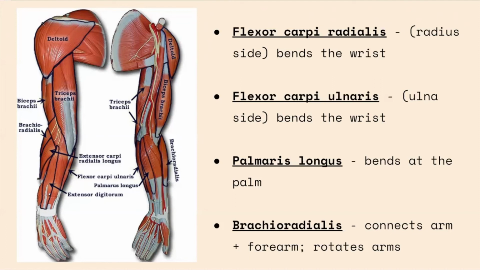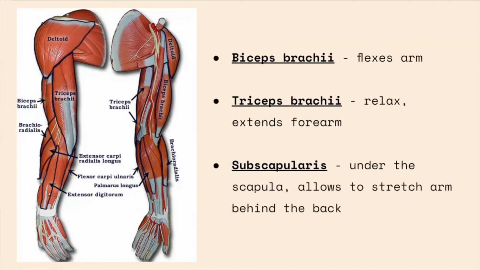But yes, I'm going to move on to the next slide now. We have the biceps brachii, which flexes our arm. So it contracts our biceps. What happens when our biceps contract? Does anyone remember? Agonist, antagonist? Yes, our triceps relax.